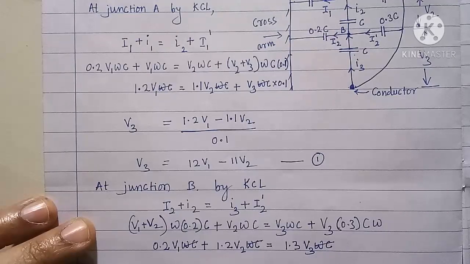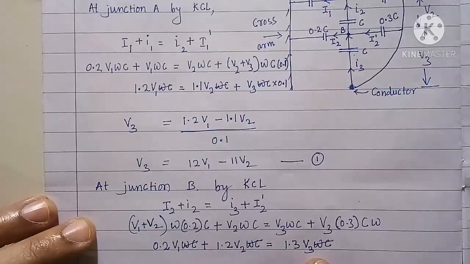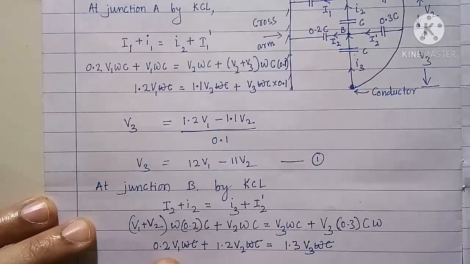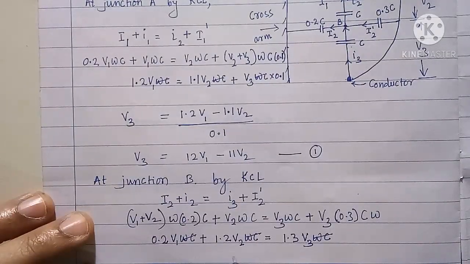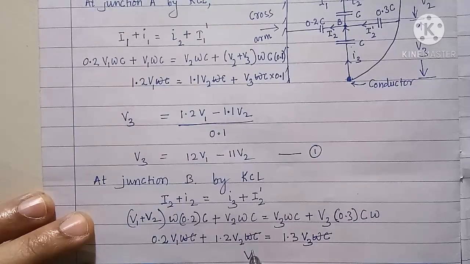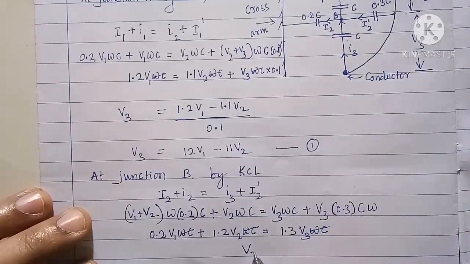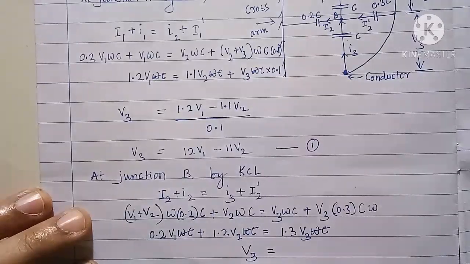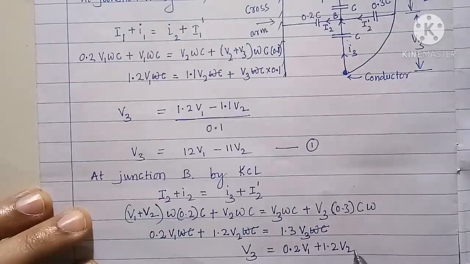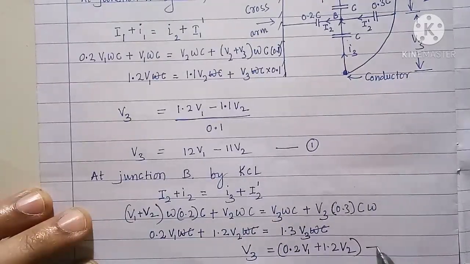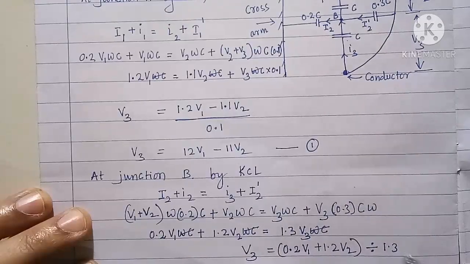we get 1.3 times V3 equal to 0.2 times V1 plus 1.2 times V2. Or we can write V3 equal to 0.2 times V1 plus 1.2 times V2 divided by 1.3.